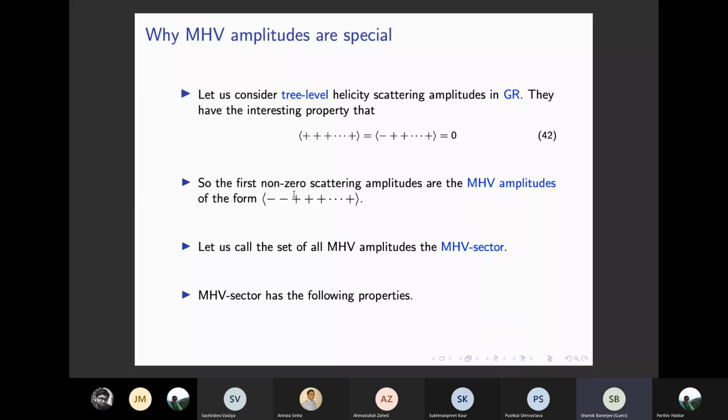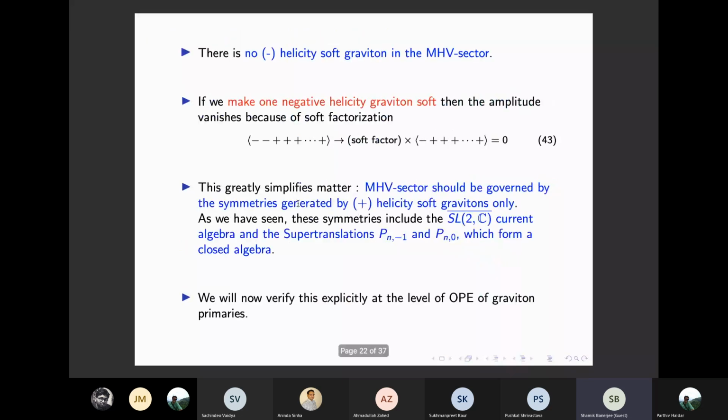Now this set of amplitudes has a particularly nice feature: suppose I make one of the negative helicity gravitons soft, with two minuses and the rest plus.